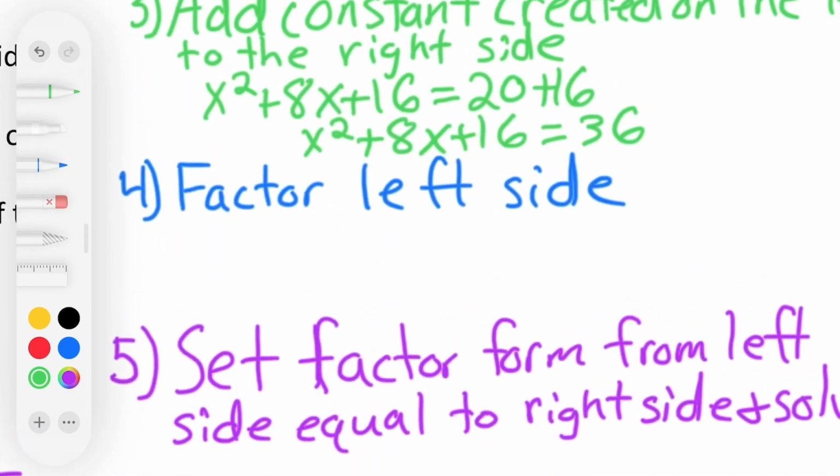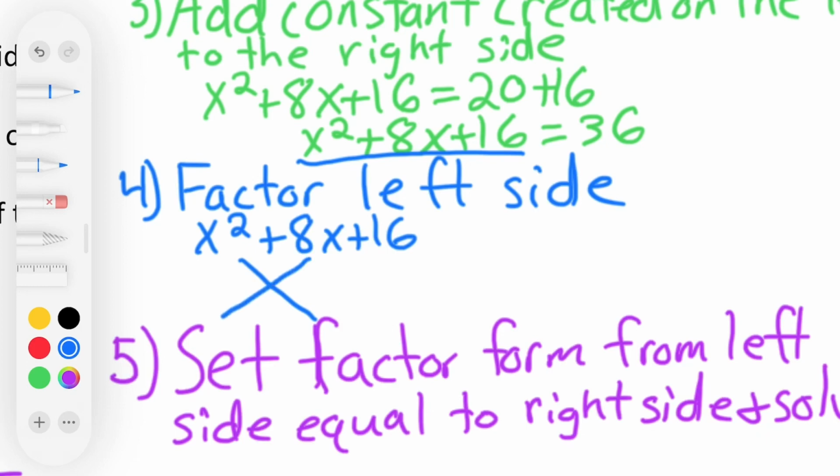Then for number 4, we are going to factor the left side. So only factoring this x squared plus 8x plus 16. So this time we can use our big X method. So we have 8, 16.